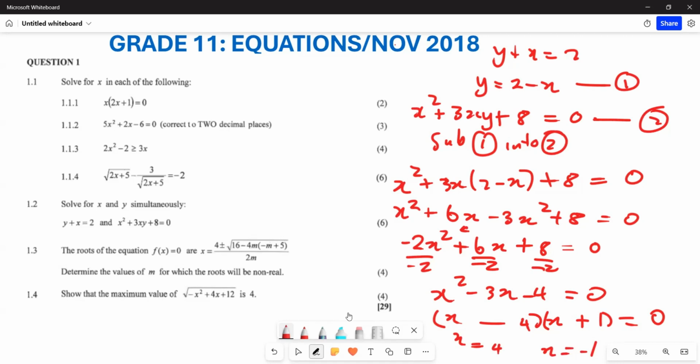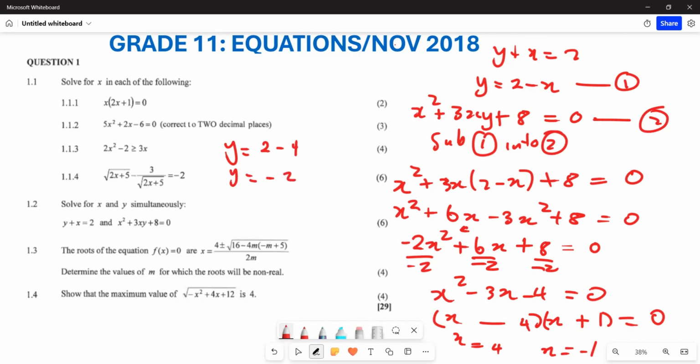Now that you found your x, what else now can you do? Now from here, you can go back and substitute to find your y. Now, how can you find your y? Remember, your equation 1 is given by y. So you can say y is equals to 2 minus, what is the value of our x here? It was 4, which means this your y is going to be negative 2.